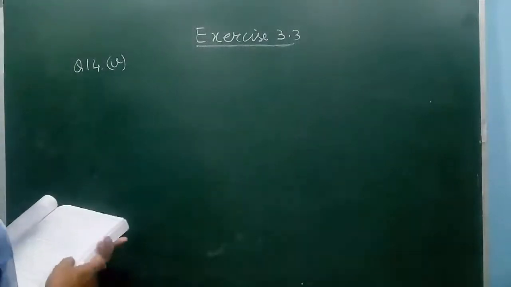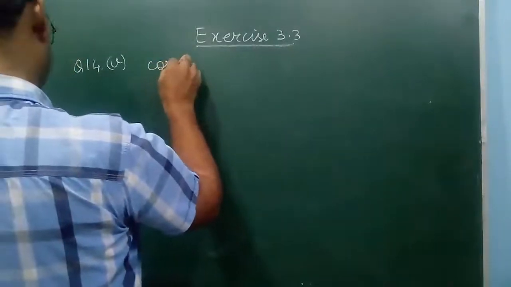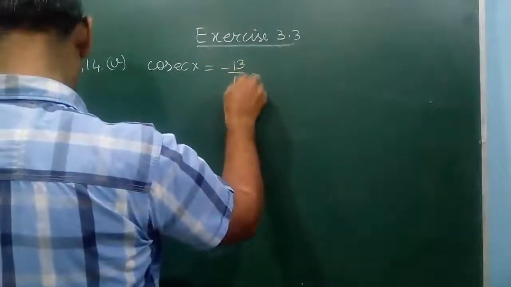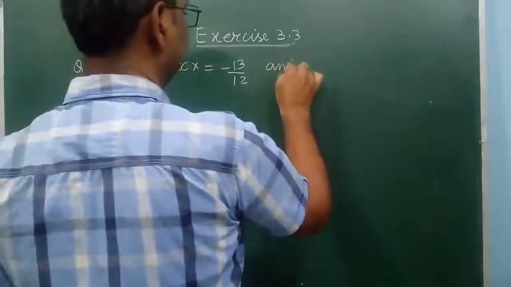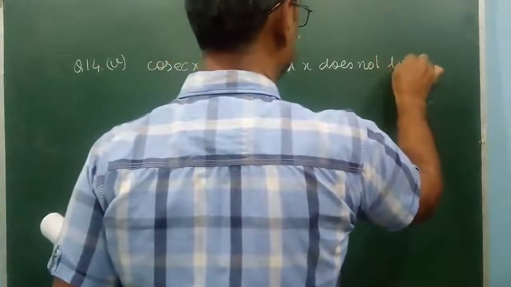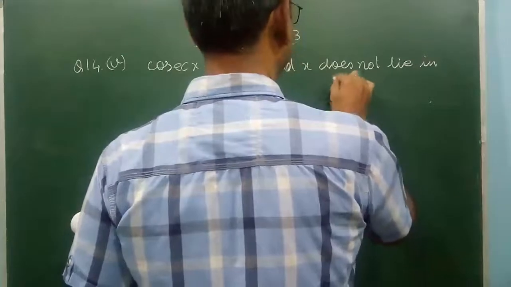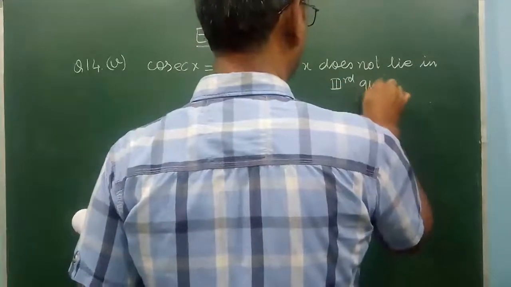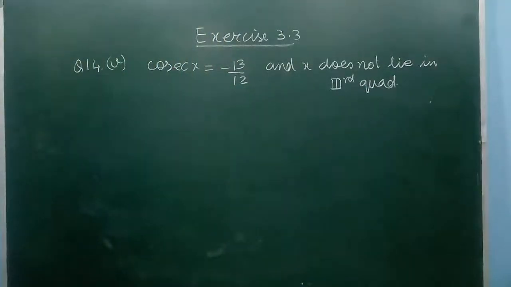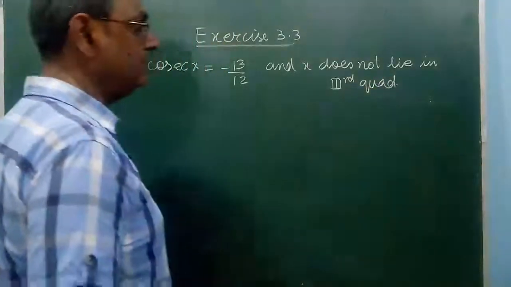Now question number 14, fifth part. It is given that cosec x equals minus 13 by 12 and x does not lie in the third quadrant.